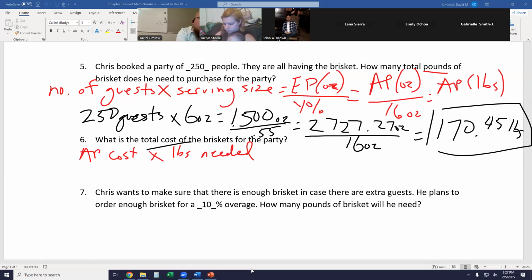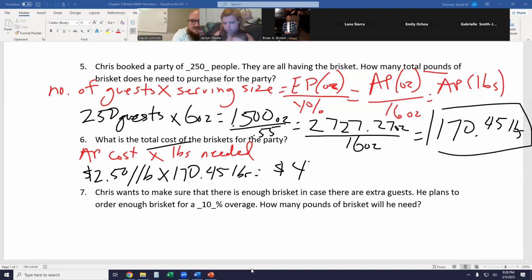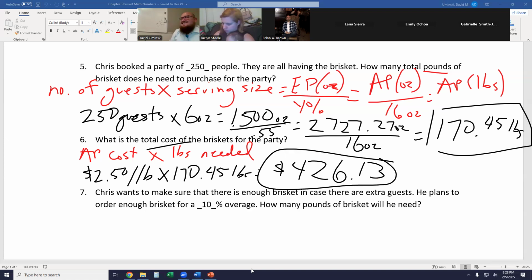So $2.50 per pound times 170.45 pounds gives me $426.13. That's how much money it cost me to purchase the brisket to feed 250 people.